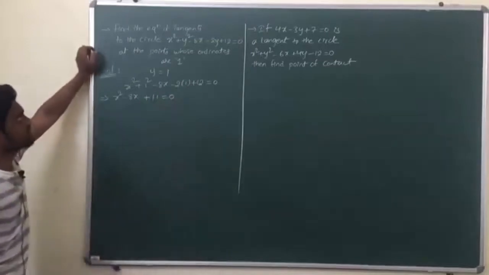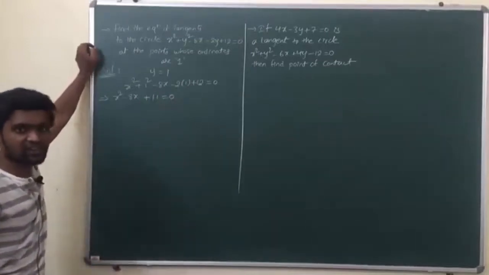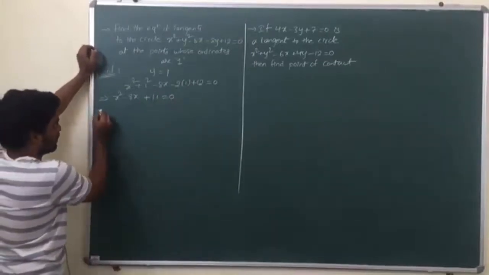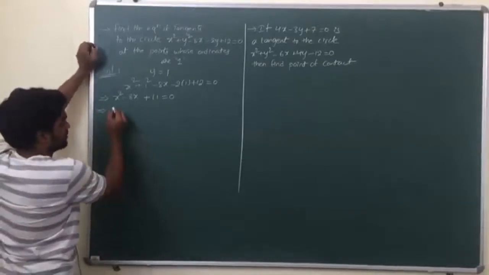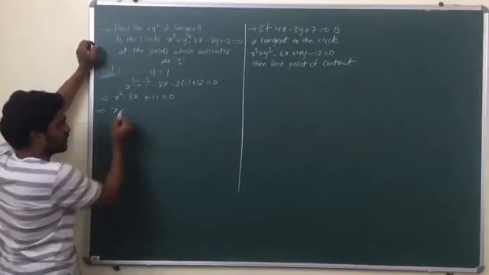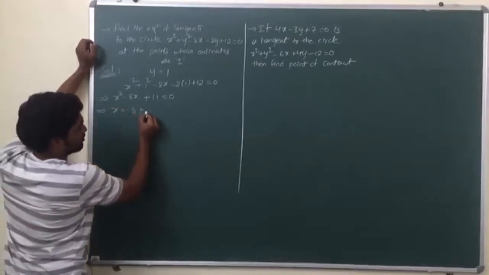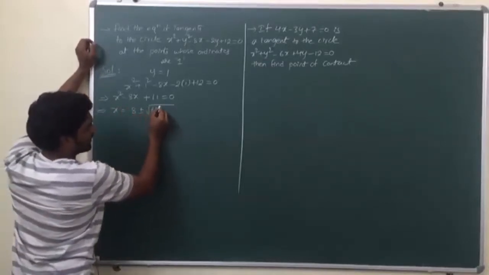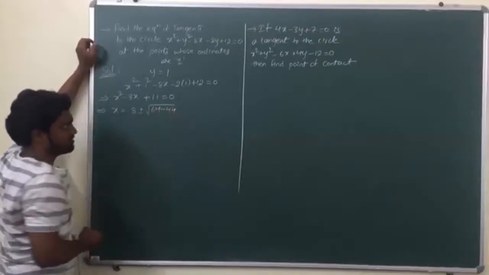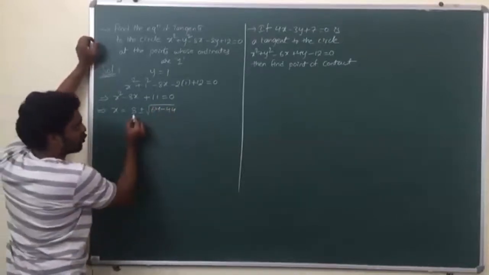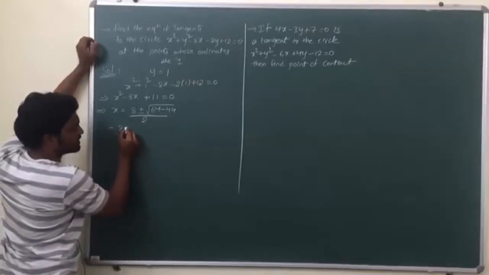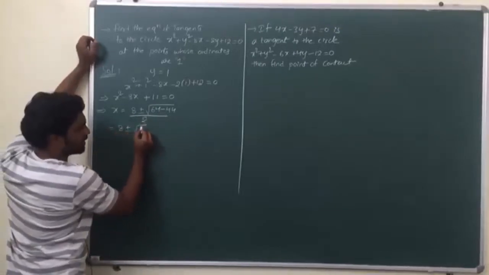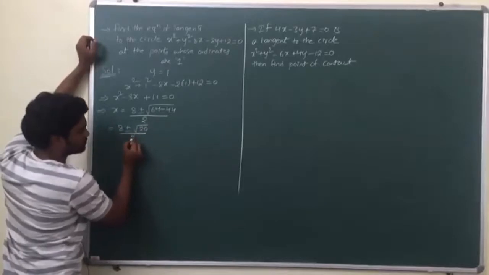Okay, x square minus 8x plus 11 is equal to 0. Can it be factorized? No, it cannot be factorized. So what should we do then? x is equal to minus b plus or minus under root b square minus 4ac by 2a, which is equal to 8 plus or minus under root 20 by 2.